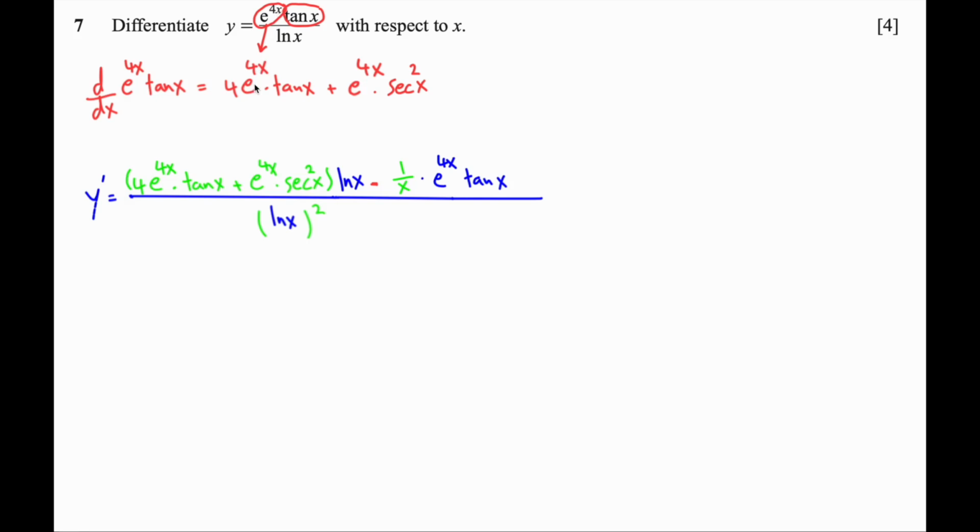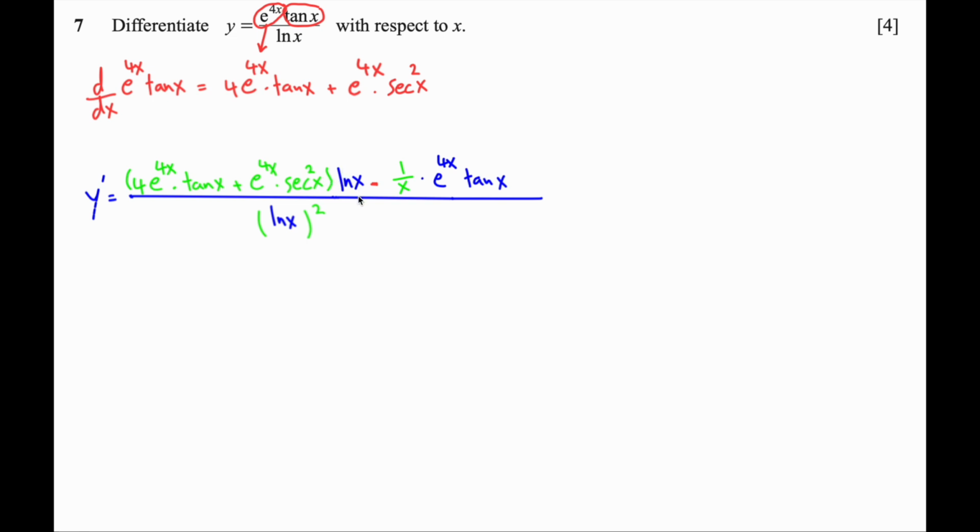You just copy it and then multiply it by the derivative of the power, which is 4, and that's the chain rule I was talking about. Then multiply it by the second function, and add the derivative of the second function, which is secant squared x, times the first function, e to the power of 4x, and that's the derivative.